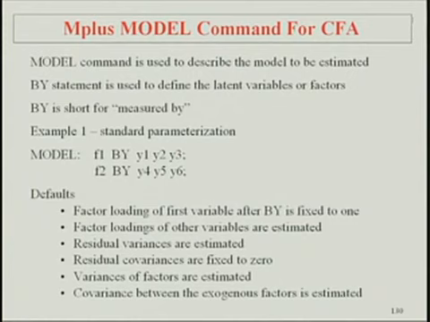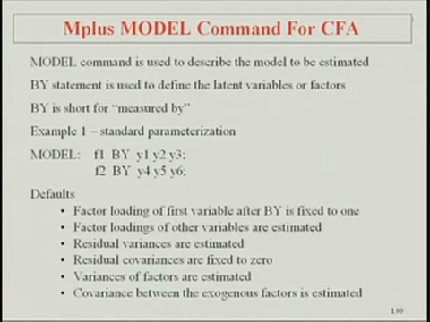So 2, 3, 5, and 6 will have a factor loading estimated for them. The residual variances, the arrows coming into the observed variables, they're estimated. And as the default, their covariances are fixed to 0. We estimate the variances of the factors and the covariance between the factors. So those are the defaults.